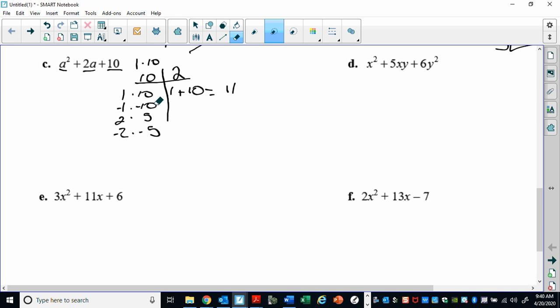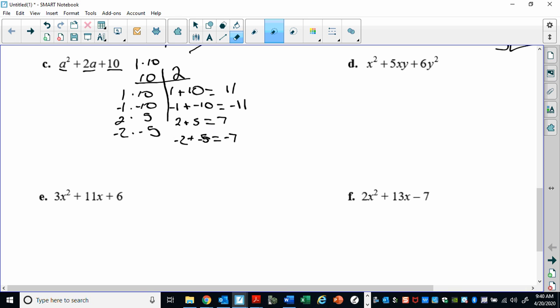Negative 1 times negative 10 is 10, but negative 1 plus negative 10 is equal to negative 11. 2 times 5 is 10, but 2 plus 5 is equal to 7. And then we have negative 2 times negative 5, and negative 2 plus negative 5 also equals negative 7.